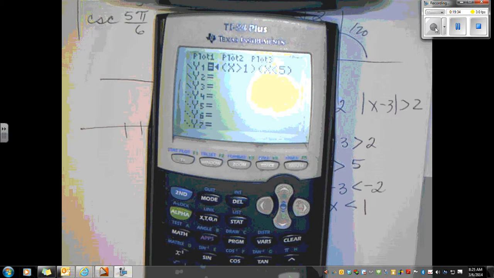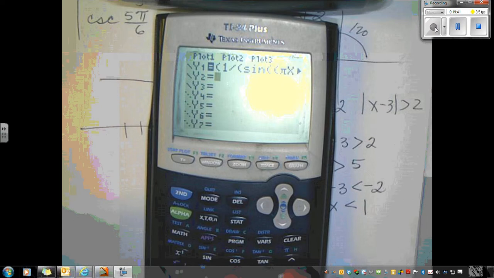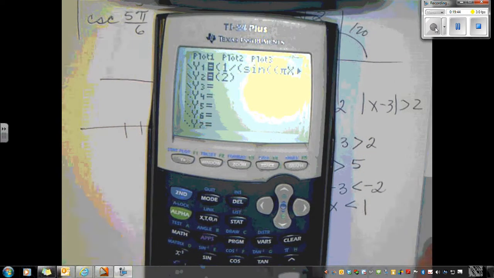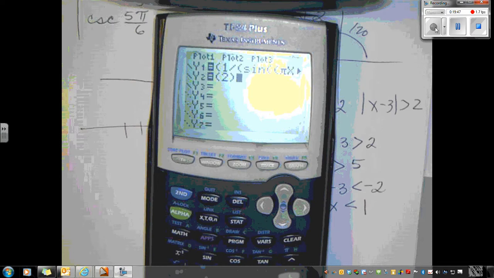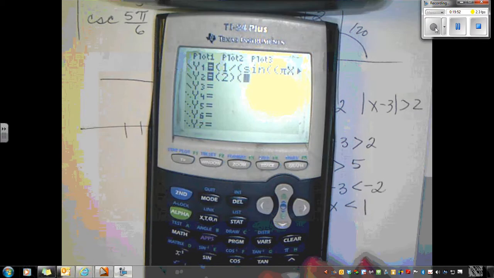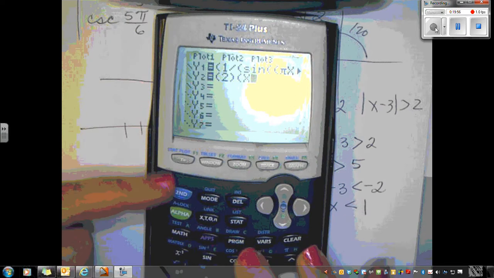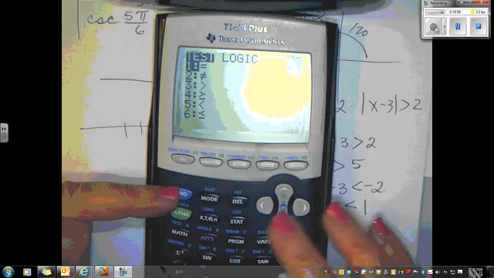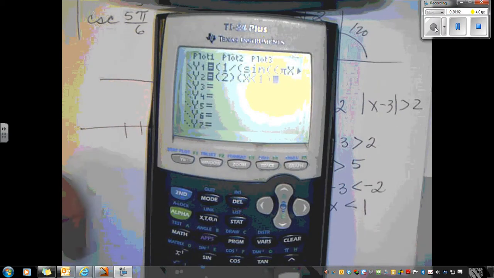Now we have the other two parts, right? Okay, go to the next line. We put parentheses 2, parentheses. Like I said, the parentheses play a big part in this. Then I say parentheses, x is less than, so I do second math, less than 1, parentheses.